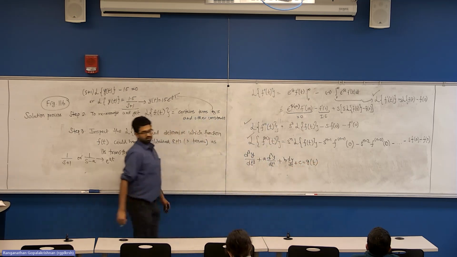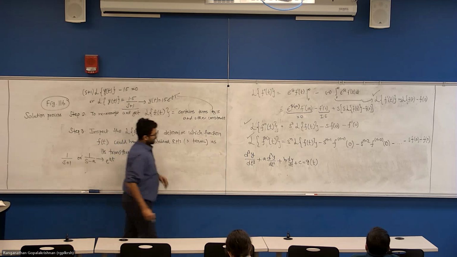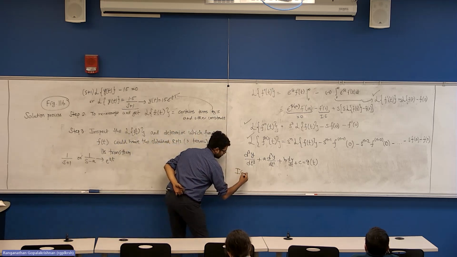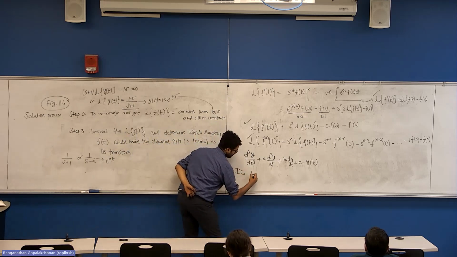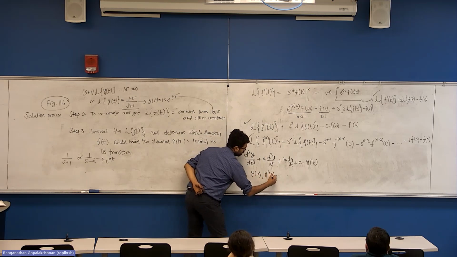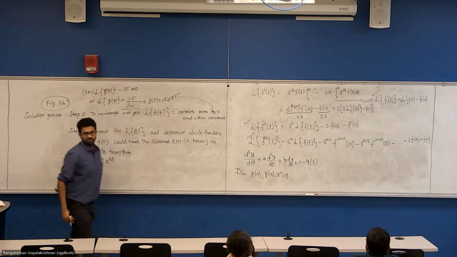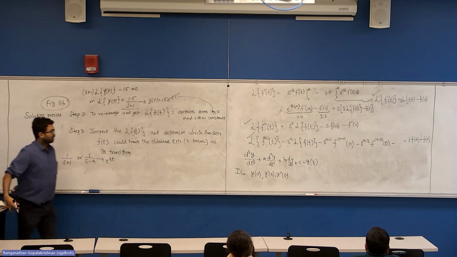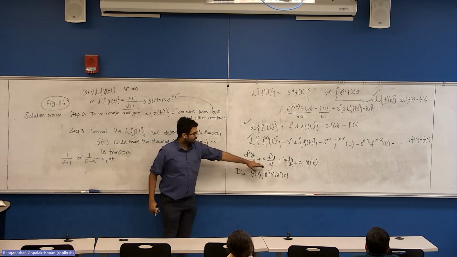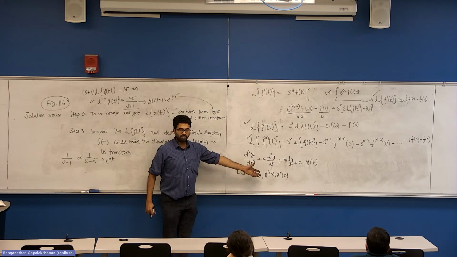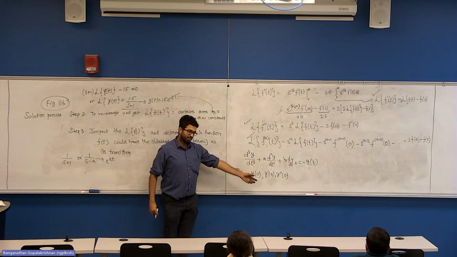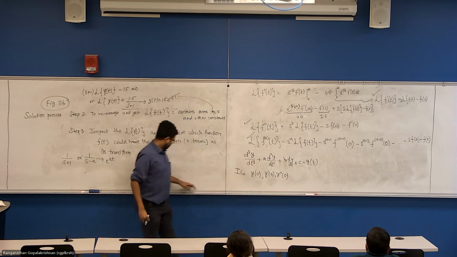Suppose this is your ODE to solve. As part of initial conditions, you would be given y of 0, y dash of 0, and y double dash of 0. At time 0, all the values of lower order derivatives and the function need to be provided. That's what defining an IVP is, right?